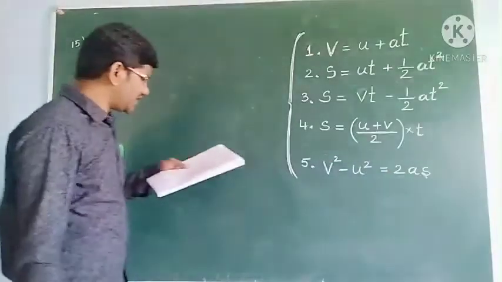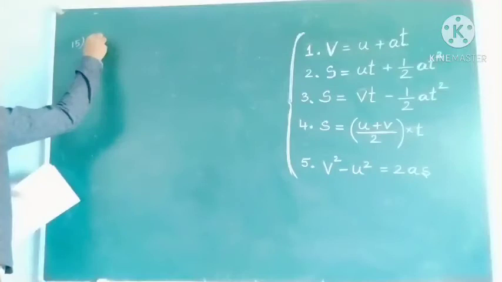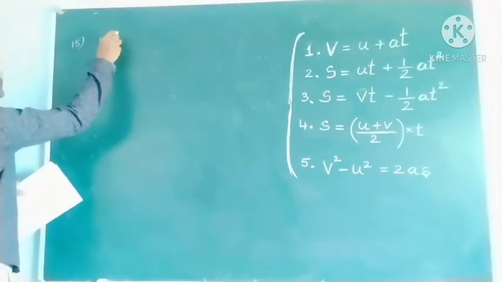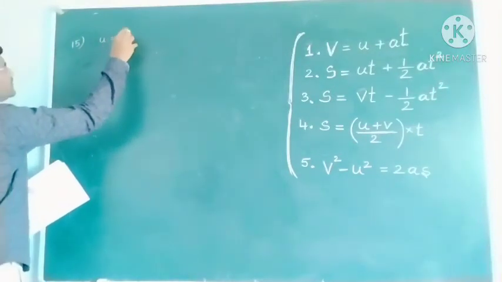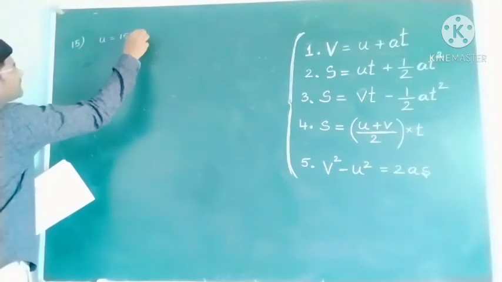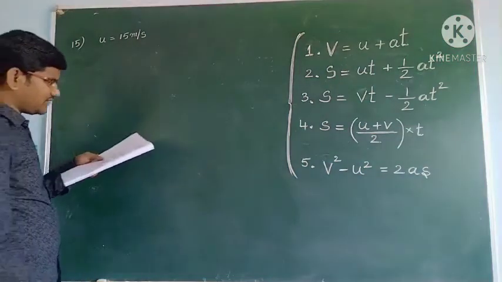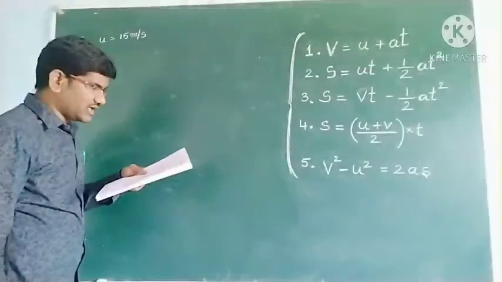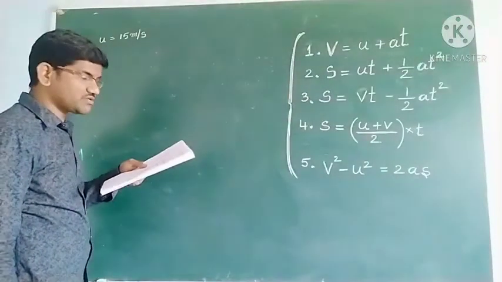See students, a car traveling at 15 meters per second. So u value is equal to 15 meters per second. A car traveling at 15 meters per second comes to rest due to the application of brakes.